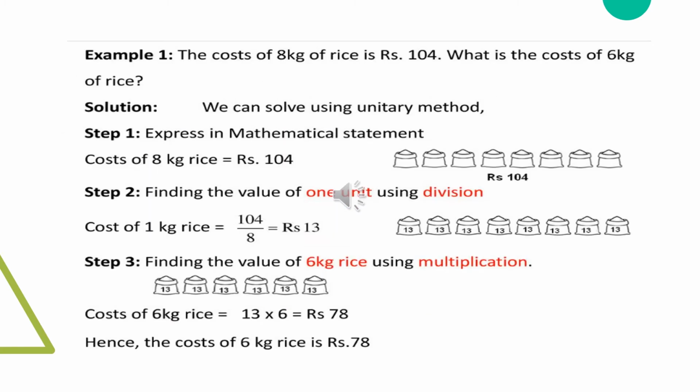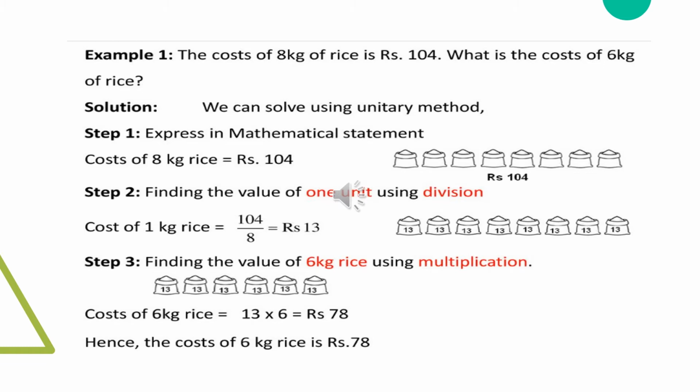Now let's start with an example: the cost of 8 kilograms of rice is rupees 104. What is the cost of 6 kilograms of rice? We can easily solve this using the unitary method. First, we express it as a mathematical statement: cost of 8 kg of rice is equal to rupees 104. In step 2 we find the value of one unit using the division method.